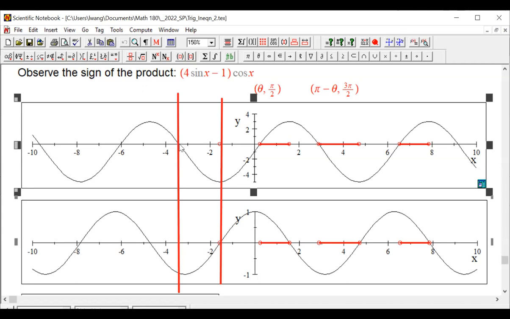And here, that place is 2 pi. And what is this? This is pi minus theta. So this point is pi minus theta minus 2 pi.